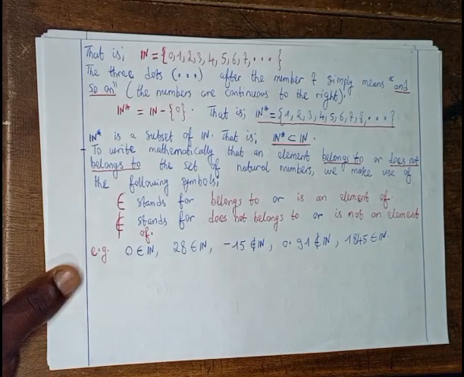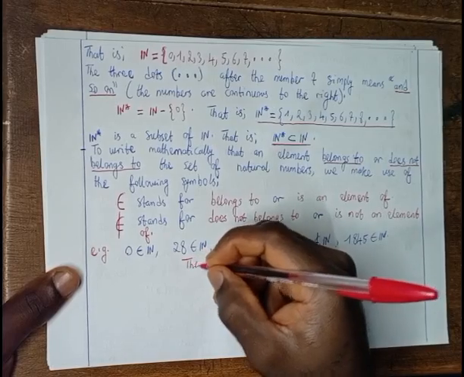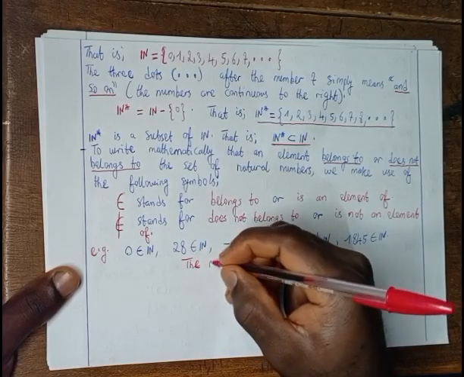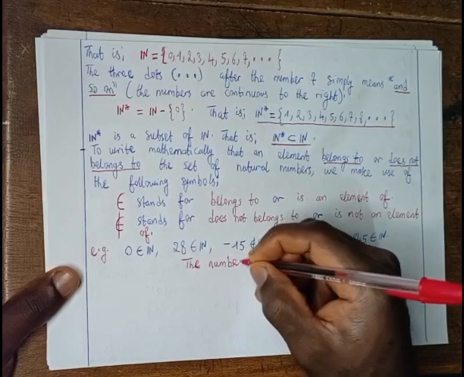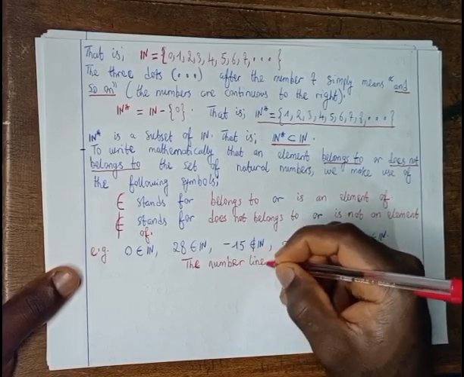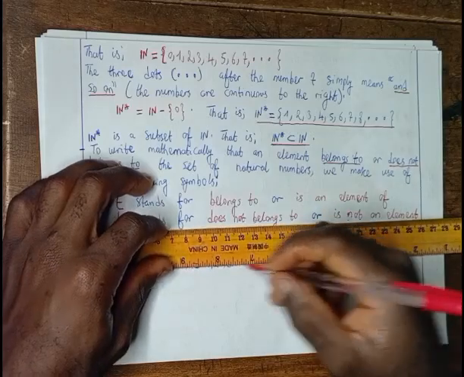Next, let's take down the next thing, which is the number line. It's a small heading.